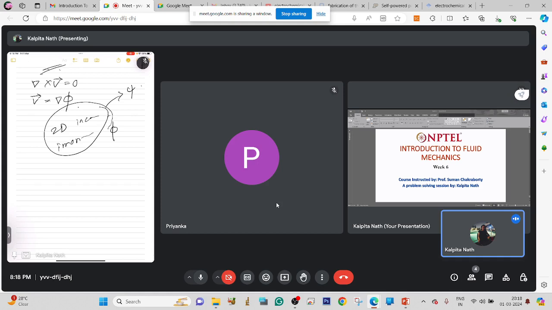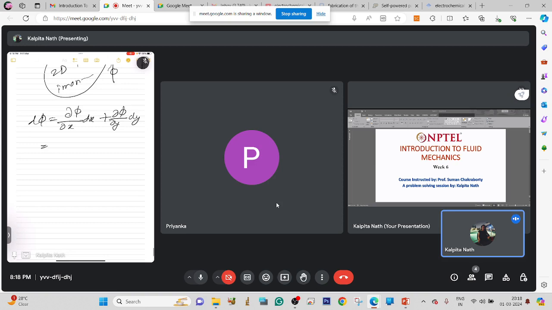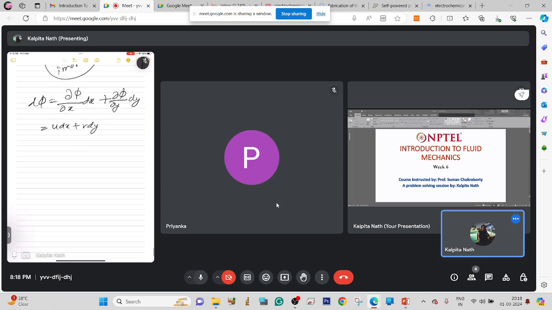Other things: d phi can be represented, if we do the differentiation, as del phi del x dx plus del phi del y dy. This is equal to u dx plus v dy. If phi is equal to constant, d phi is equal to 0, then u dx plus v dy is equal to 0.